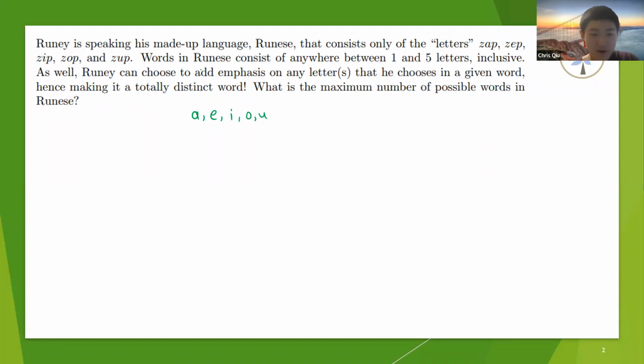And words in Rooney's consist of anywhere between 1 and 5 letters inclusive. So a word can have anywhere between 1 and 5 letters. That one's pretty self-explanatory. And Rooney can choose to add emphasis on any letters that he chooses in a given word, hence making it a totally different, distinct word.